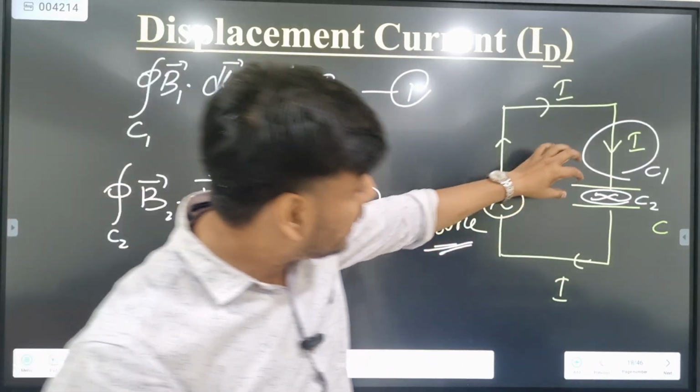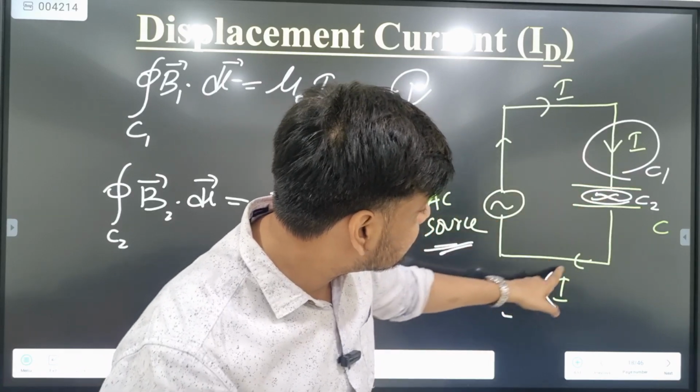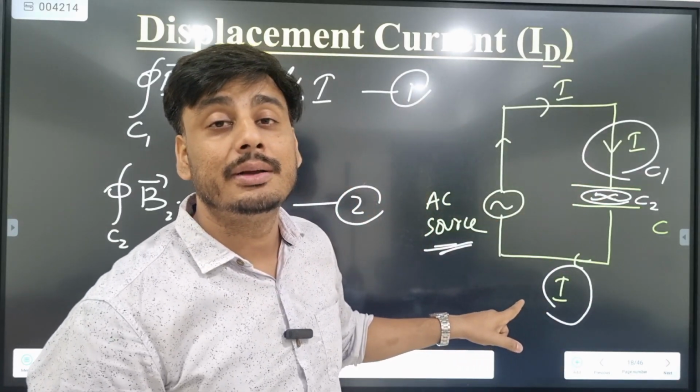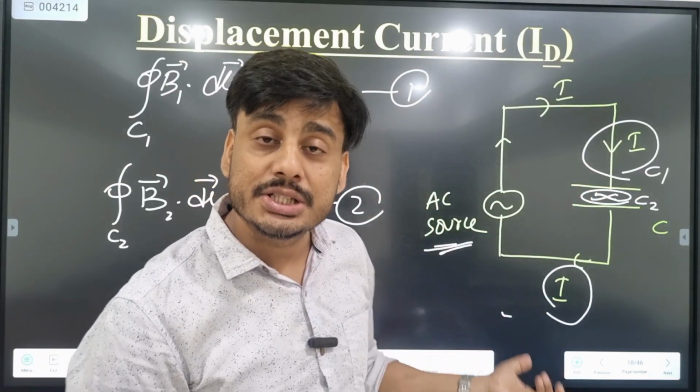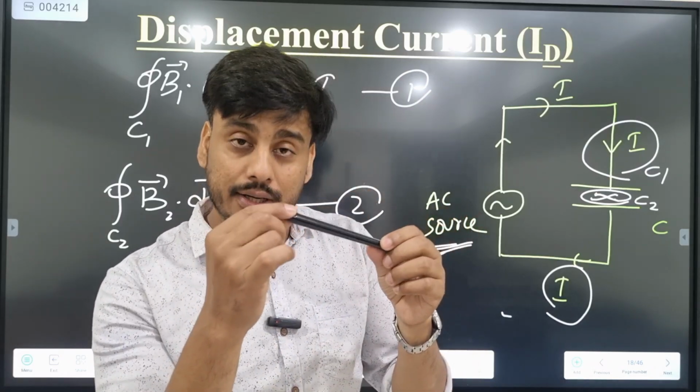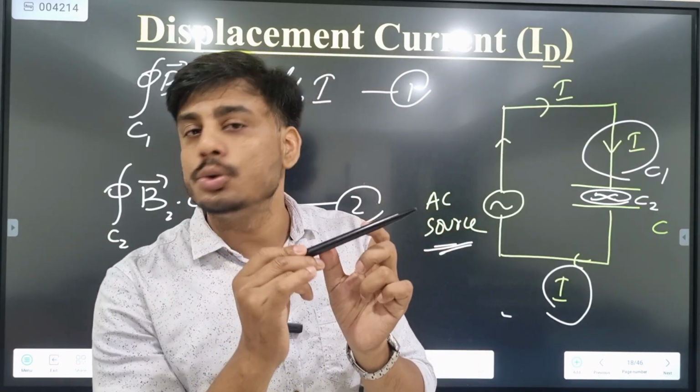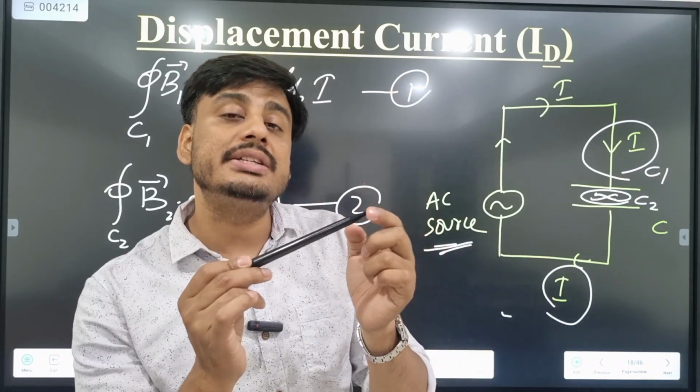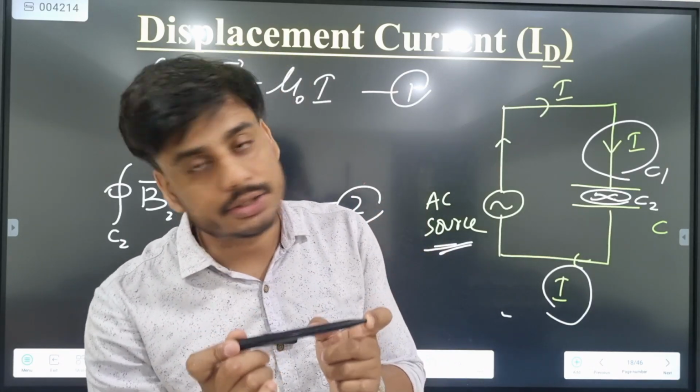But if there is no current, then how is current transferred to the other part? You must have known that capacitors are used in fans. If on one side current is entering and in between there is no current, then how is current traveling to the other part? That is the question.